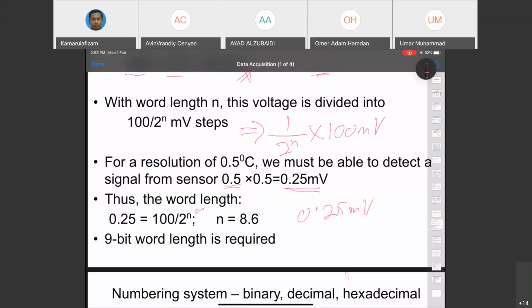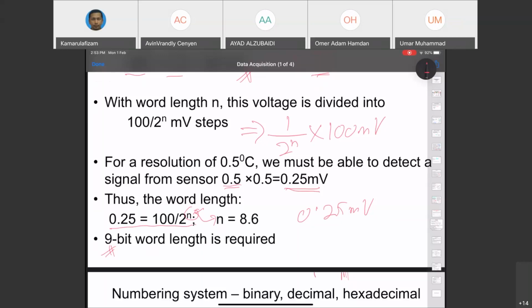Basically from this formula, you will get the answer. N will be 8.6. Of course, you go for something bigger than this, so we can decide on 9 here.